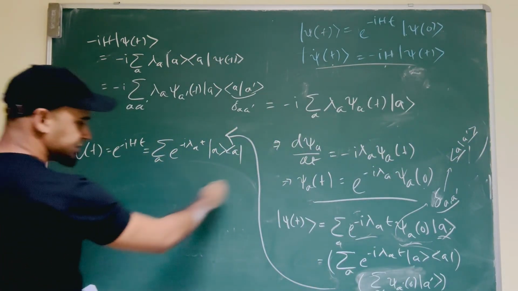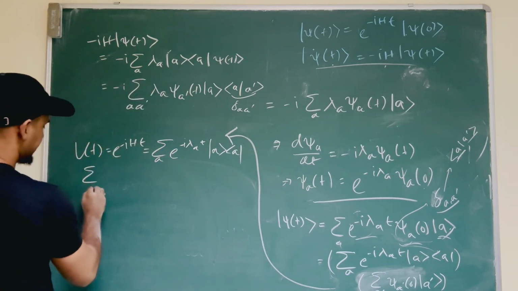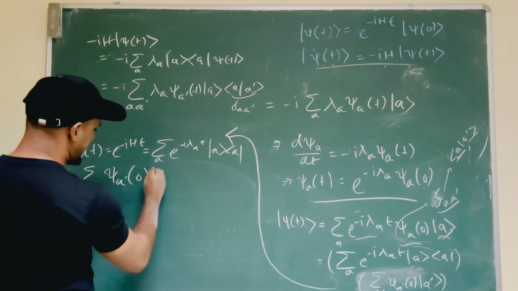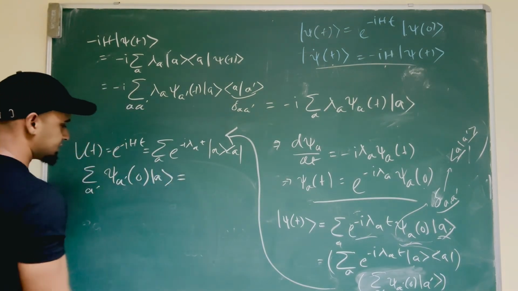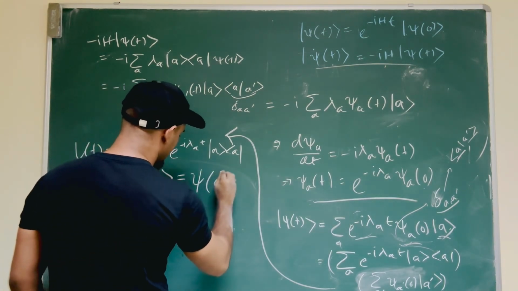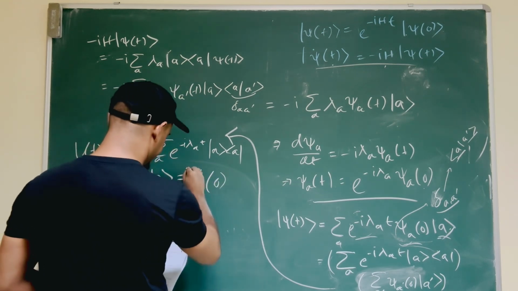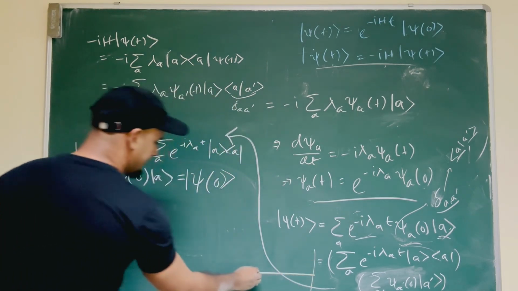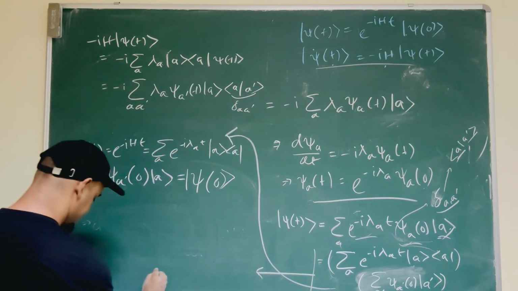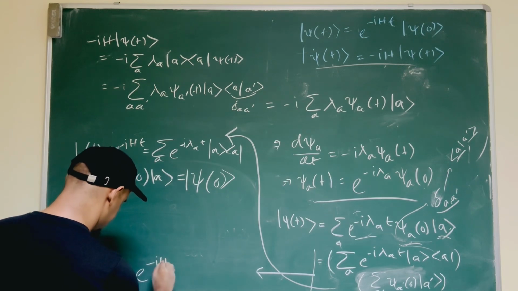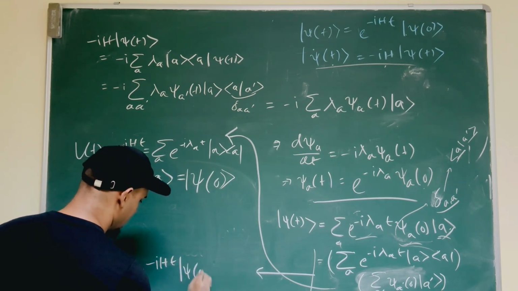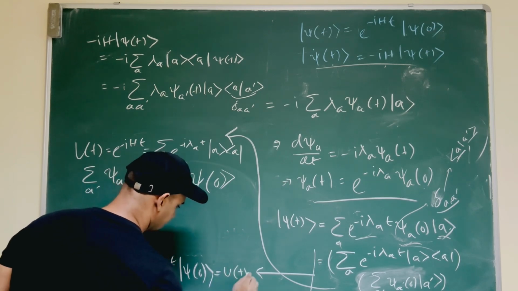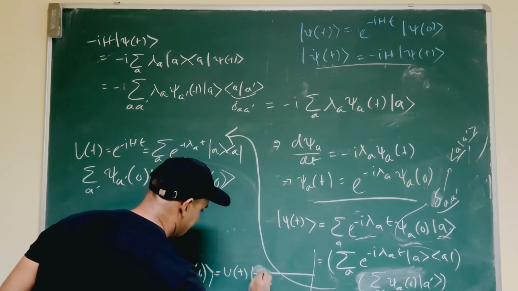So this is this thing, and the summation over A prime of psi A prime of 0 |A prime> is just psi 0. So this is the same as e to the power minus iHt psi 0, which is U of t acting on psi 0.